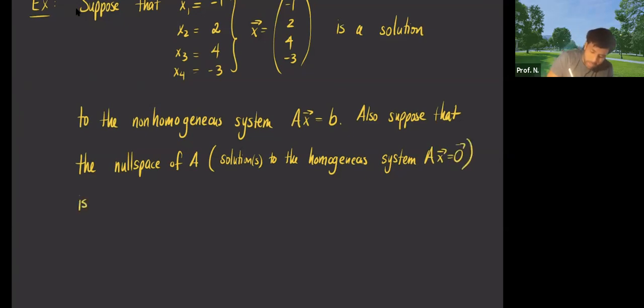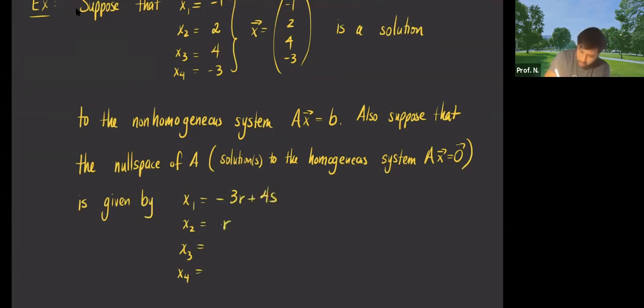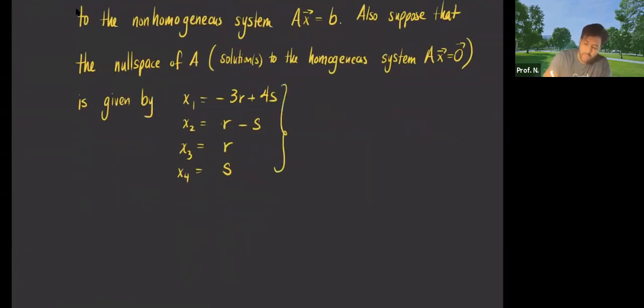And suppose that the null space is given by x1, x2, x3, x4 equals -3r plus 4s, r minus s, r and s. Or in other words, x is equal to -3r plus 4s, r minus s, r and s.